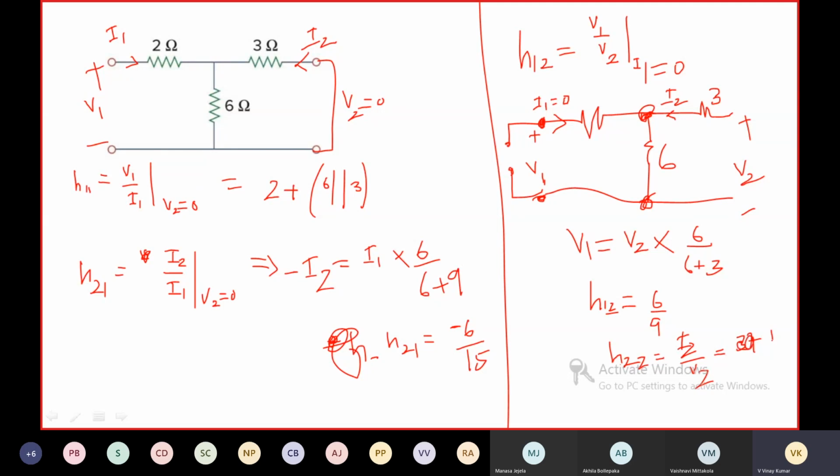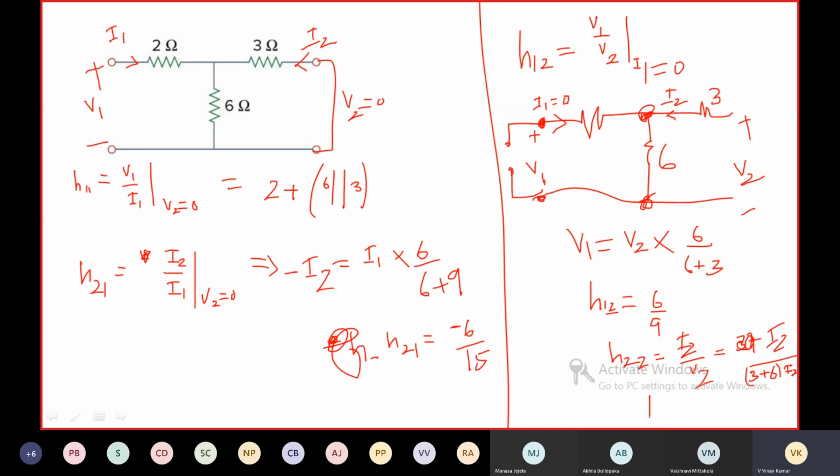So it is equal to I2 by V2, where V2 is equal to 3 plus 6 into I2.